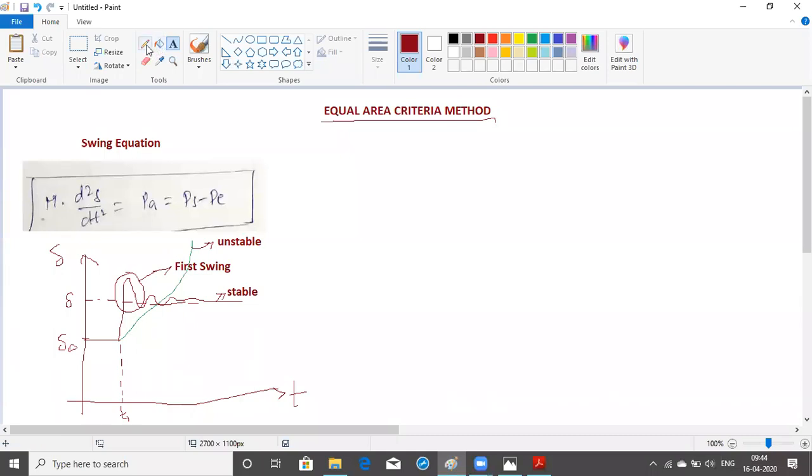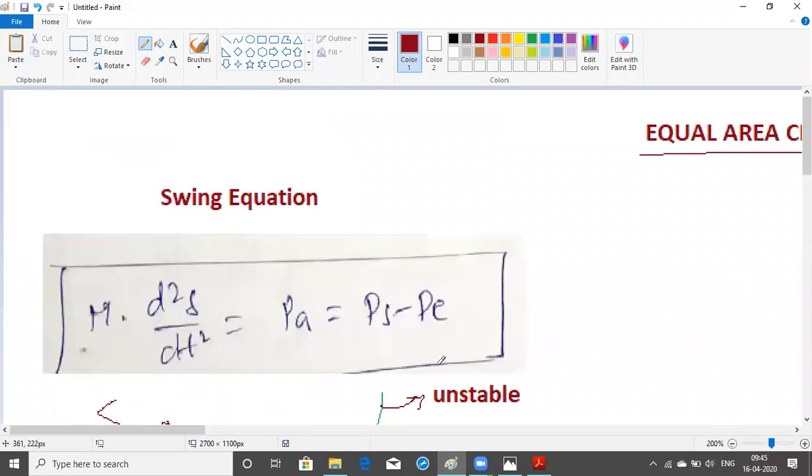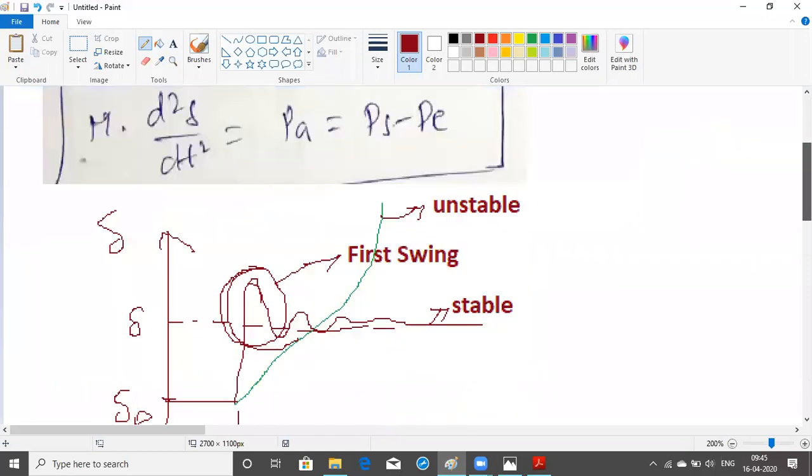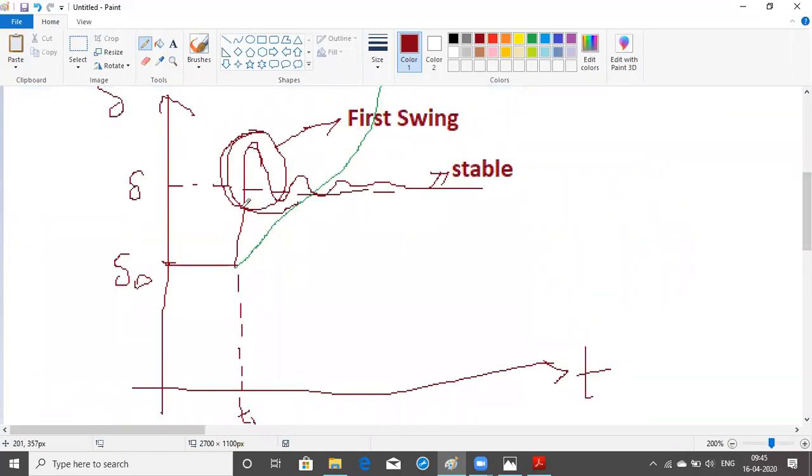By seeing the characteristics itself, we can find that the green curve is increasing completely. Whereas for the stable operating point, in the first swing itself, it is coming back. If you observe clearly, after it comes, it is not increasing. At one point it started decreasing. When it started decreasing, that indicates that at some point it will come to the stable operating point.